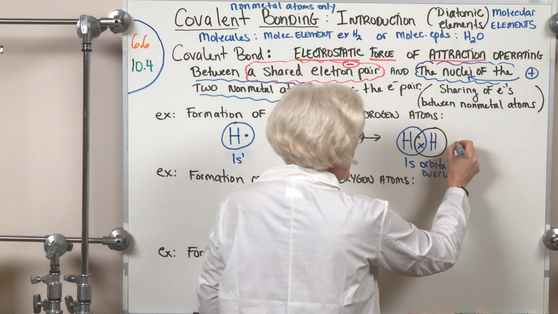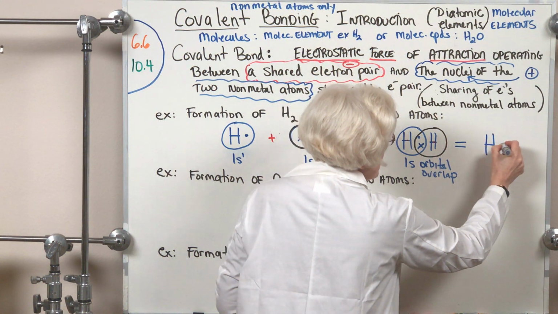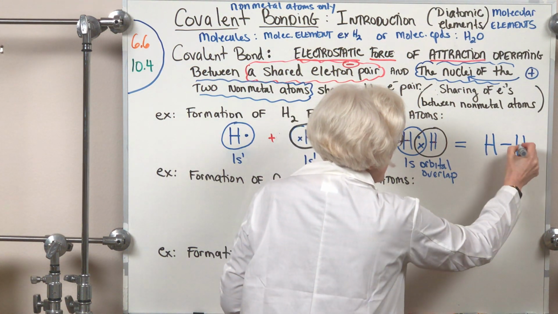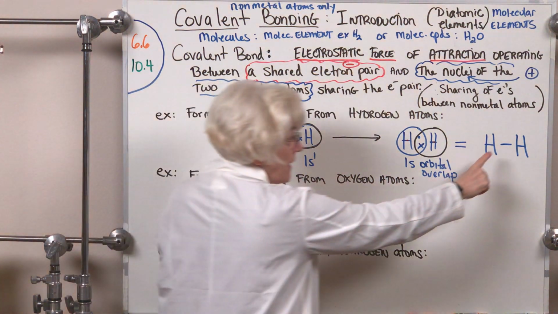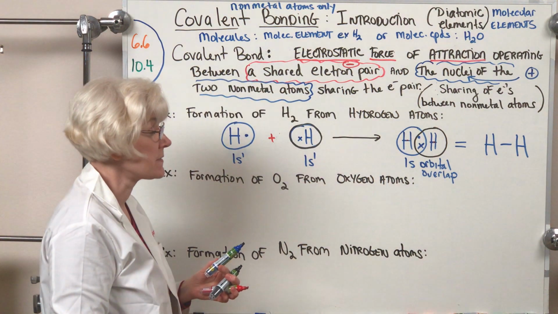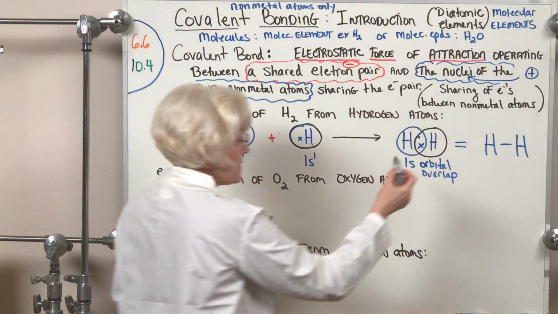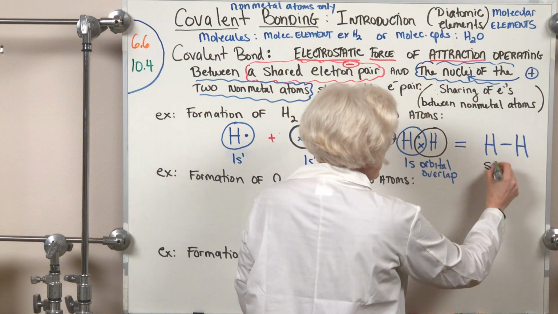And we represent that more simply and easily in this format. So if I draw a dash between two nonmetal atoms, I am trying to represent a single covalent bond.